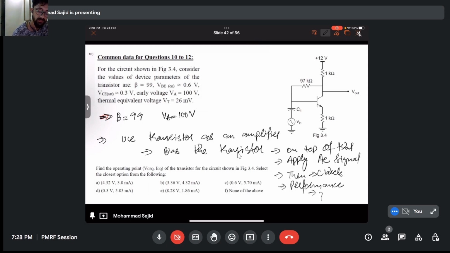This kind of thing. So the basic operating point for the amplifier is the DC operating conditions. What is the DC input voltage? What is the DC output voltage? These kinds of things are called operating points. So here we have to find VCEQ and ICQ.